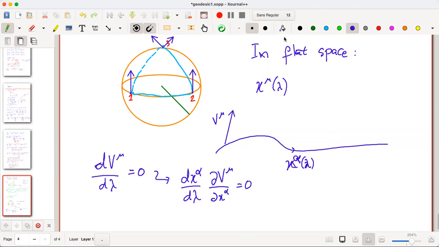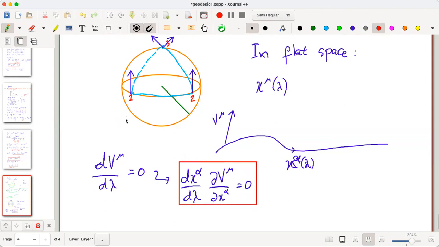This is the requirement that the vector v mu is parallel along the curve x alpha.